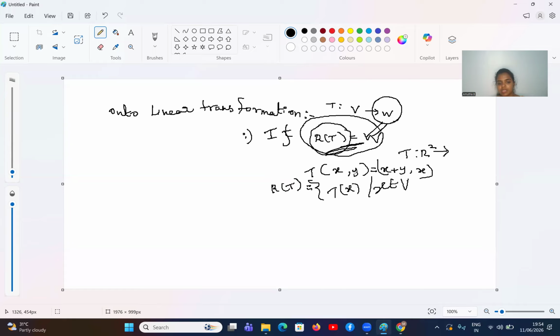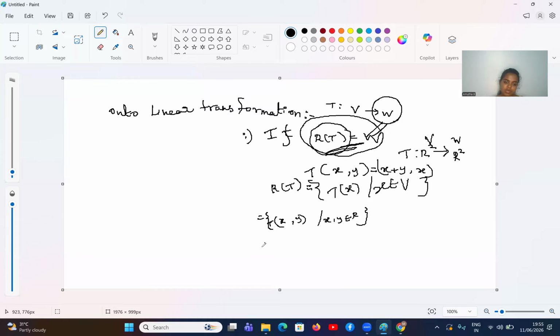The left hand side has tuples of 2 and the right hand side also has tuples of 2, so T is going from R2 to R2. V is R2 and W is also R2. This is the definition of R of T: T of x comma y such that x comma y belongs to R2.